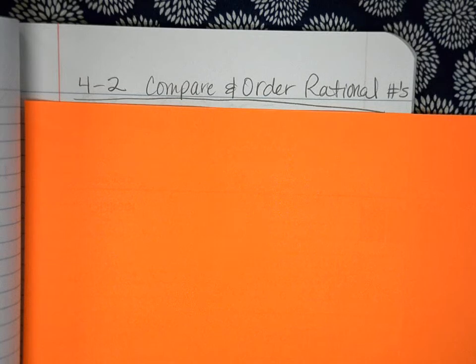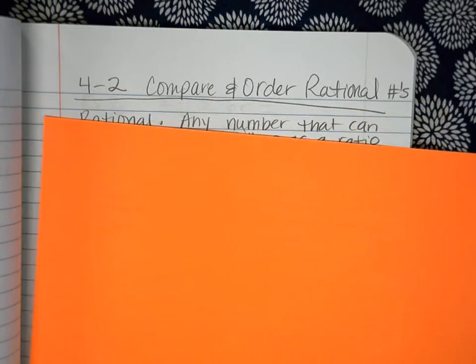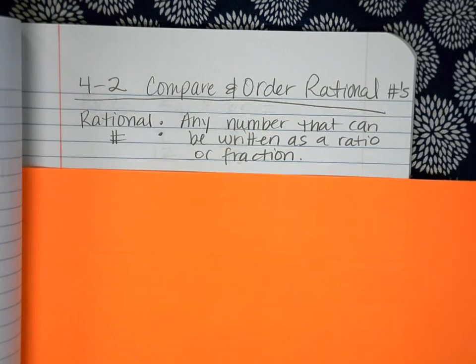What do they look like when we write them? Rachel? Fractions. Good. So rational numbers are any number that can be written as a ratio or fraction.